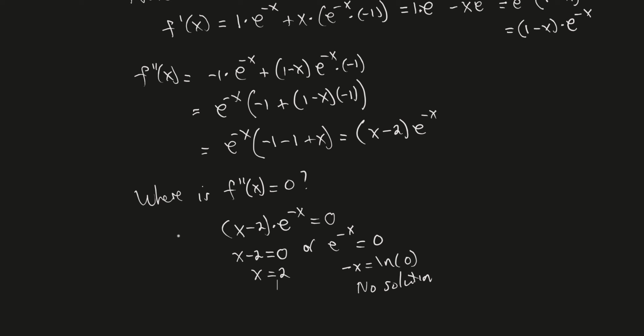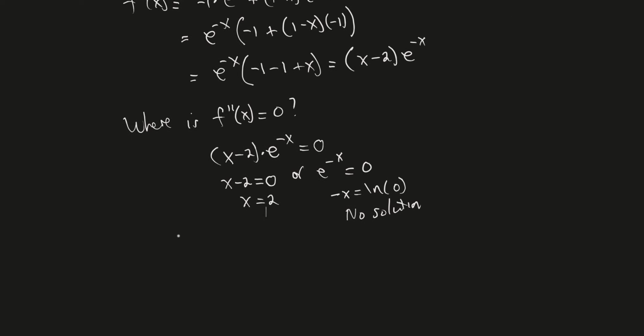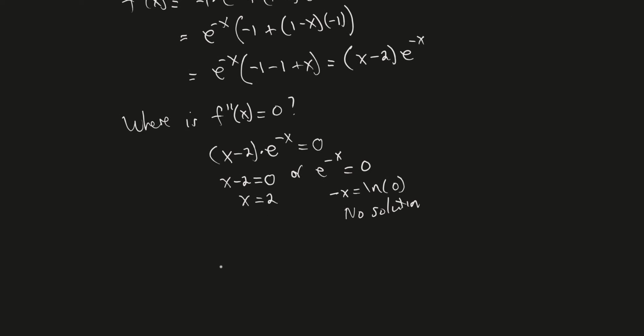And that's where we can use our number line, right? So our number line, again, is drawn to reflect the domain, which goes from negative infinity to positive infinity. But now I just have one value of x. I really just have two intervals to check, right?